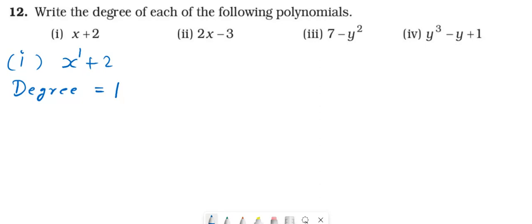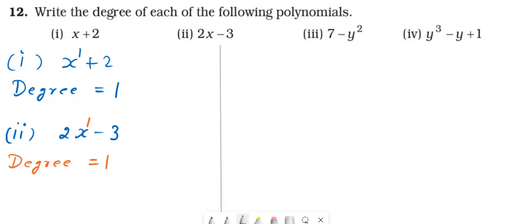Now the second part, 2x minus 3. Beta, again here, the power of x is 1. Hence, the degree would be 1. Now beta, third part, 7 minus y square. Here, the power of y is 2.